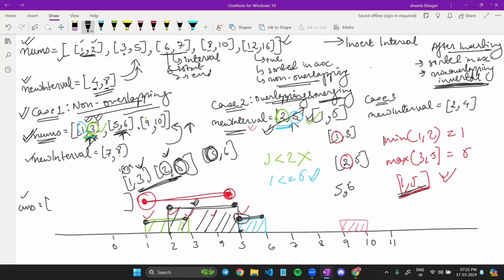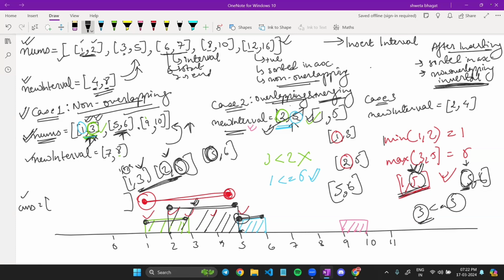We can see that in this 5, 6 and in the new interval 1, 5, this 5 is common, correct? And how are we going to find whether it's common or not? We are going to check whether this 5 is greater than or equal to this 5. So the 5 of the new interval is greater than or equal to the start of the current interval, correct? That is, the end of the new interval is greater than or equal to the start of the existing interval.